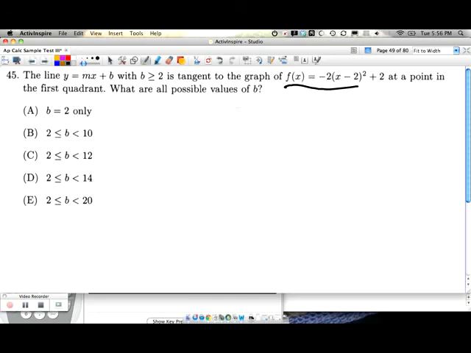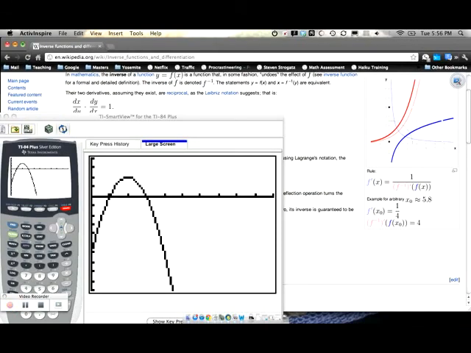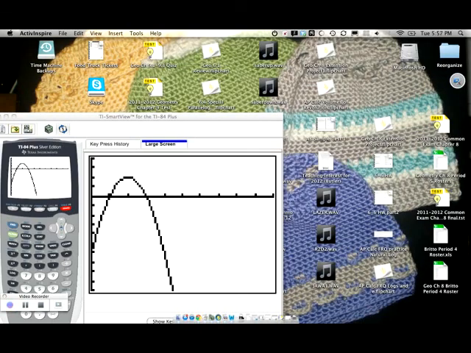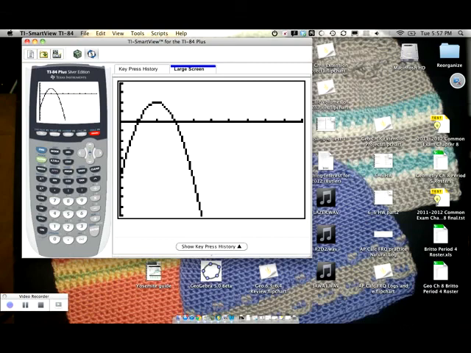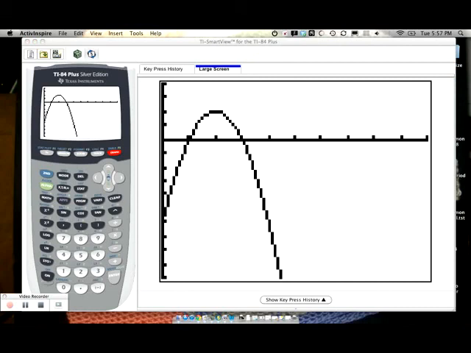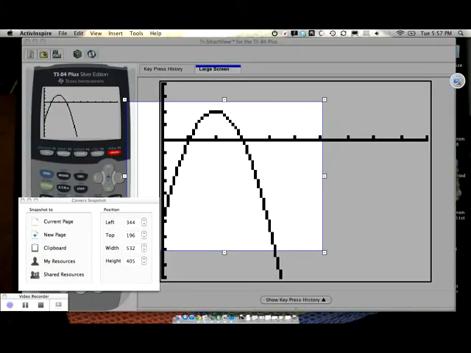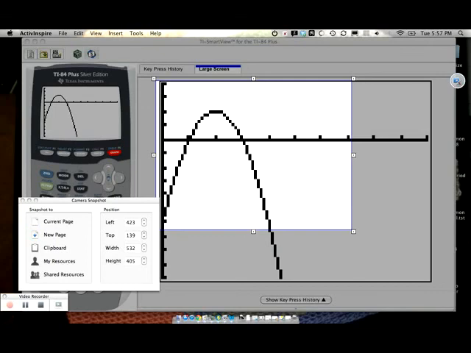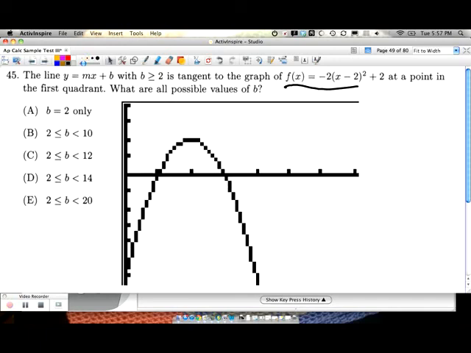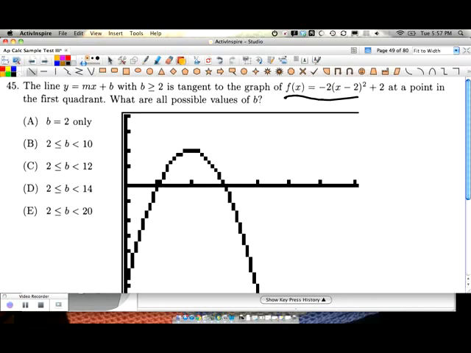We need to take a picture, so let's take a picture. So on my calculator, if I'm looking at the possible values for b, I need to have like a diagonal line here.